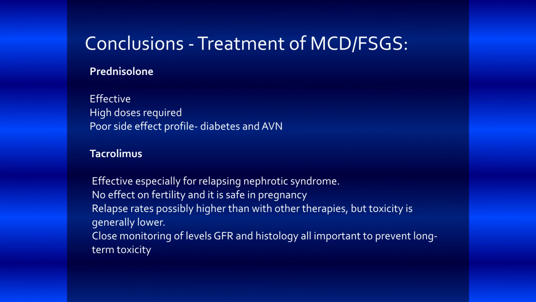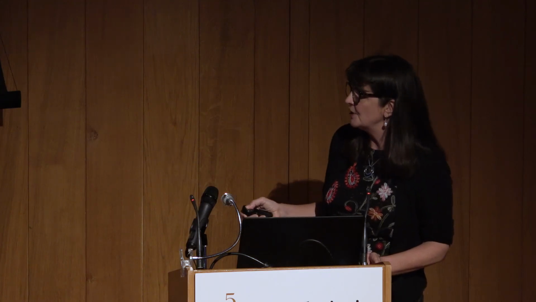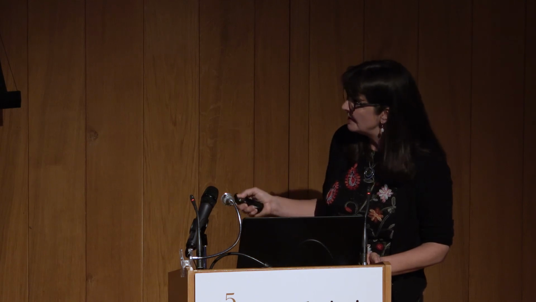Steroids, they're effective, but high doses are required and they have a very poor side effect profile. Tacrolimus, effective, no effect on fertility and is safe in pregnancy. Relapse rates, though, are probably higher than with other therapies, but toxicity generally lower. But these patients need to be monitored. And if there's any doubt about what's going on, then you need to rebiopsy them to exclude a CNI toxicity.